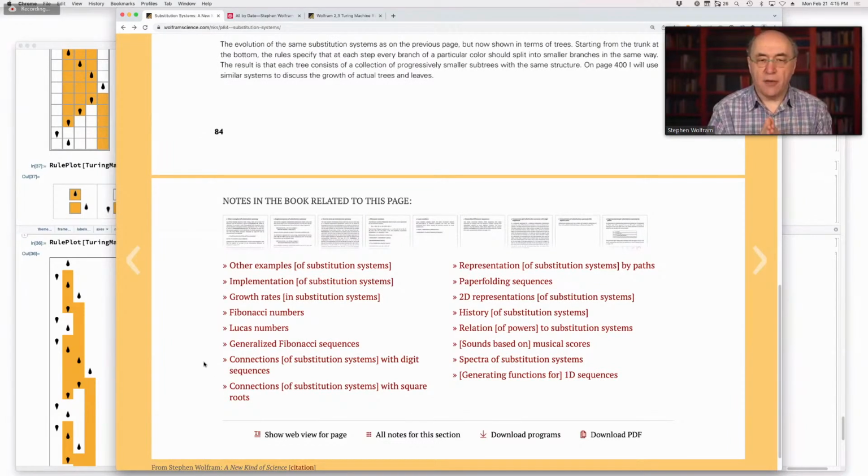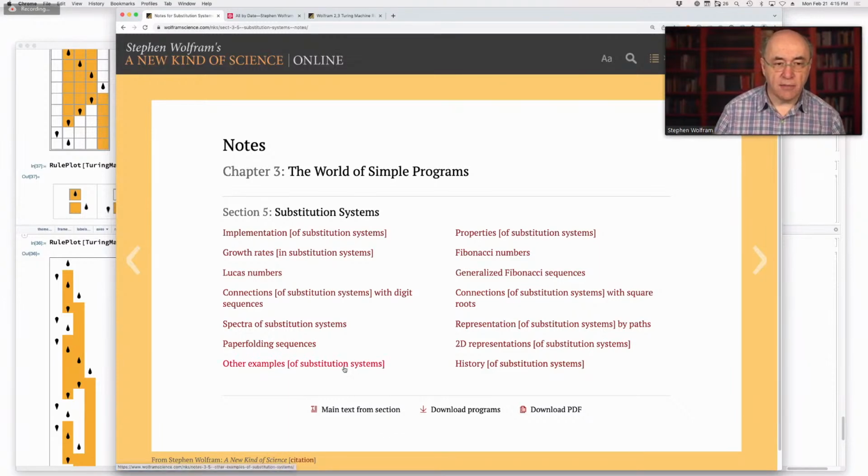And when you have that kind of substitution system that is telling you what color each thing will be based on those branches, you can see the correspondence between digit sequences. Basically, the nth term in the sequence generated by the substitution system will be determined by the binary number that corresponds to n.